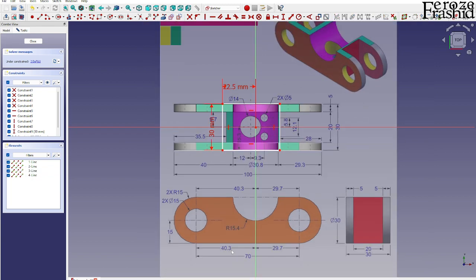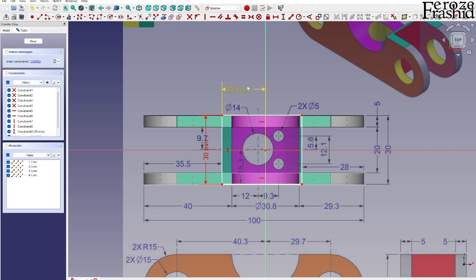So that's 3.3 plus we add 15 and that brings us here, and then we take out 35.5. Okay, so that's 19.8. That worked.